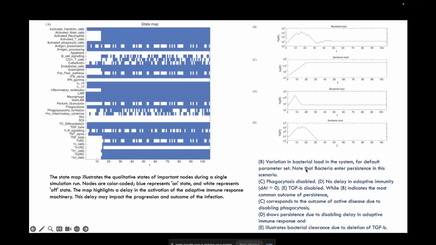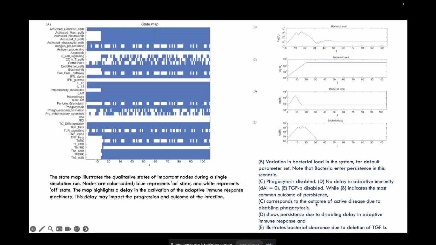The bacteria enter persistence in this scenario. Basically, it goes up, then it goes down, and then it reaches a stable steady state, which is the persistent state. In the second case, phagocytosis is disabled, so the bacterial load increases and stays like that.